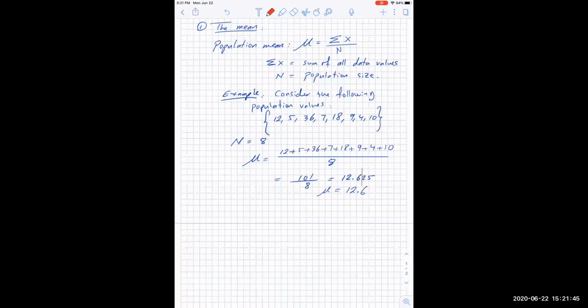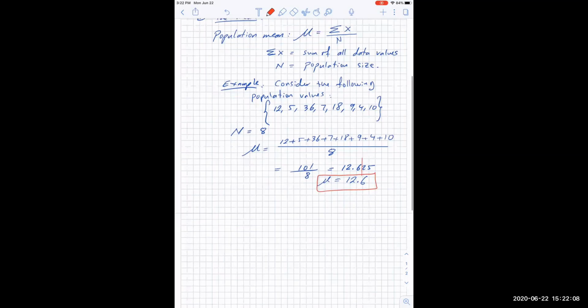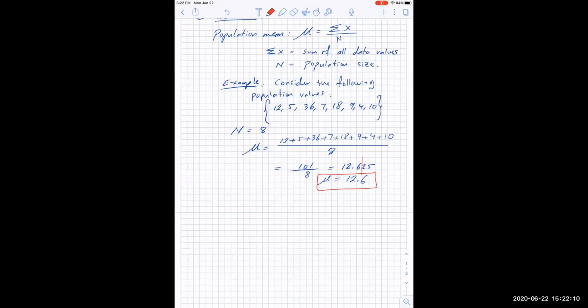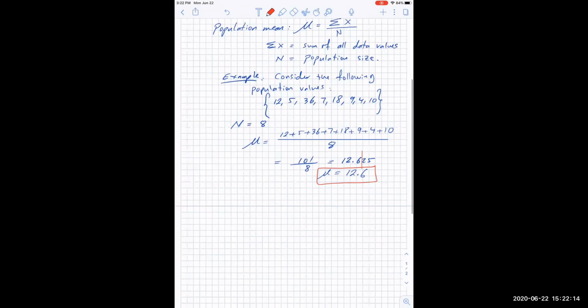So that's a statistical rule. You always go one decimal place above the data values that you have. Notice here I used mu for the mean, because this is a population set.